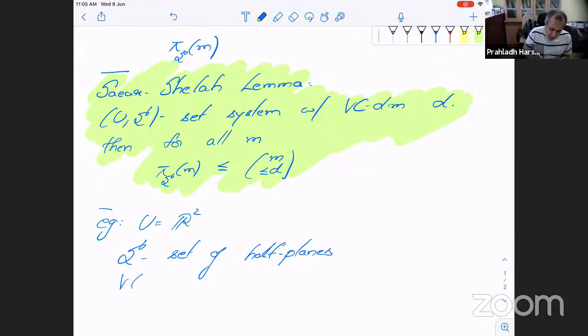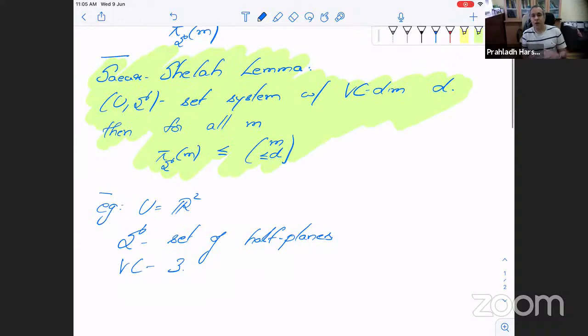We know the VC dimension of the system is 3. Now I say take any set of m points and I ask how many ways it can be broken up.